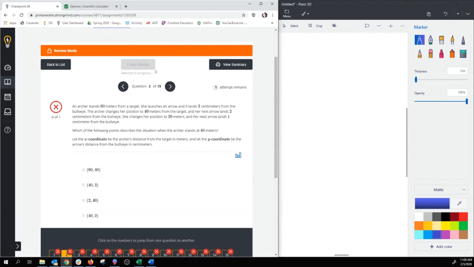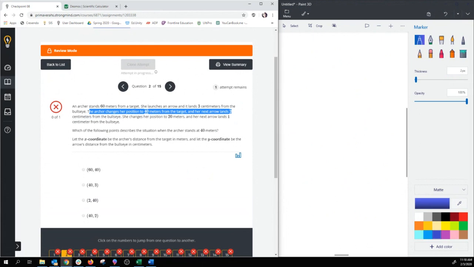Okay. So let's see. When she is 60 meters from her target, it's 3 centimeters away. So when she is standing 40 meters from her target, how many centimeters is she away from the bullseye? So Chelsea says 40, 2. And Natalie agrees.